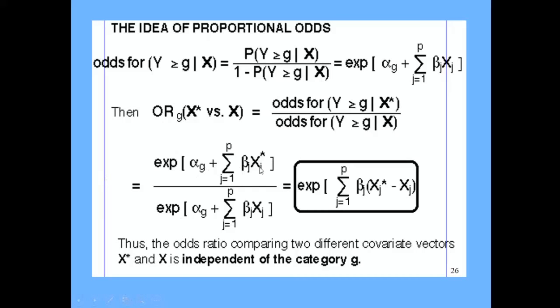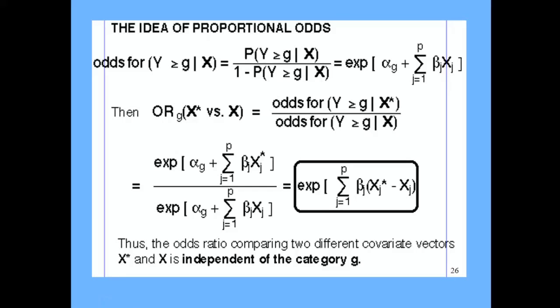The only difference is that we're talking about two different people who have two different specifications of the predictor values, called x's. When you do the algebra, you notice that alpha sub g cancels out of the numerator and denominator, and you get an expression for the odds ratio that doesn't involve g. So the odds ratio, when you're using the proportional odds model, is constant. It only depends upon the regression coefficients, which don't depend upon g.